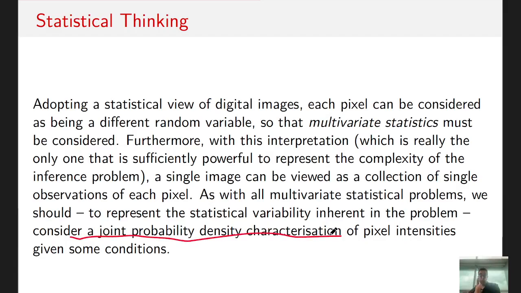So it's a probabilistic characterization of the variability we have within images and the joint behavior of pixel intensities or pixel colors in an image. And we say given some conditions. The given some conditions is important because you can do some really powerful things provided you constrain the problem that you're trying to deal with.